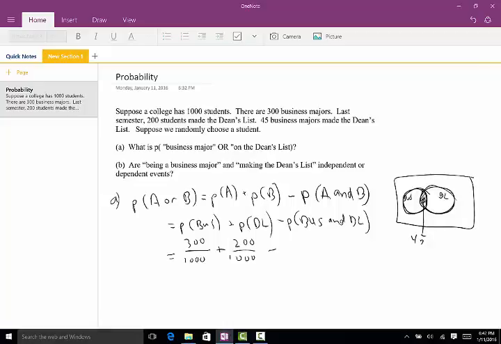Notice that we don't use any formula to compute the probability of A and B. We just count the students who meet both criteria. So 500 minus 45 is 455 over 1,000, or 45.5%. Done.